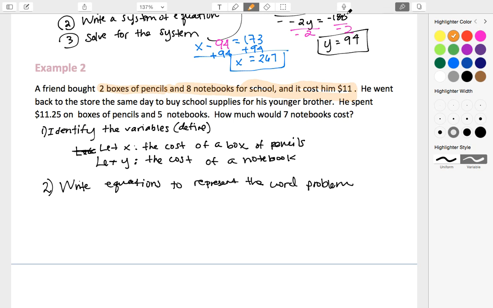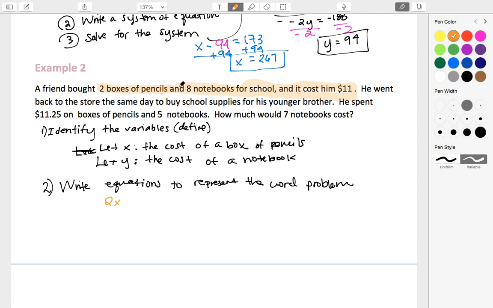Okay, so for this particular problem, we know that X represents the cost of a box of pencils, okay, and Y is the cost of a notebook. So what we can do is we can go ahead and write this as 2X because there's 2 boxes of pencils. X represents the pencils.